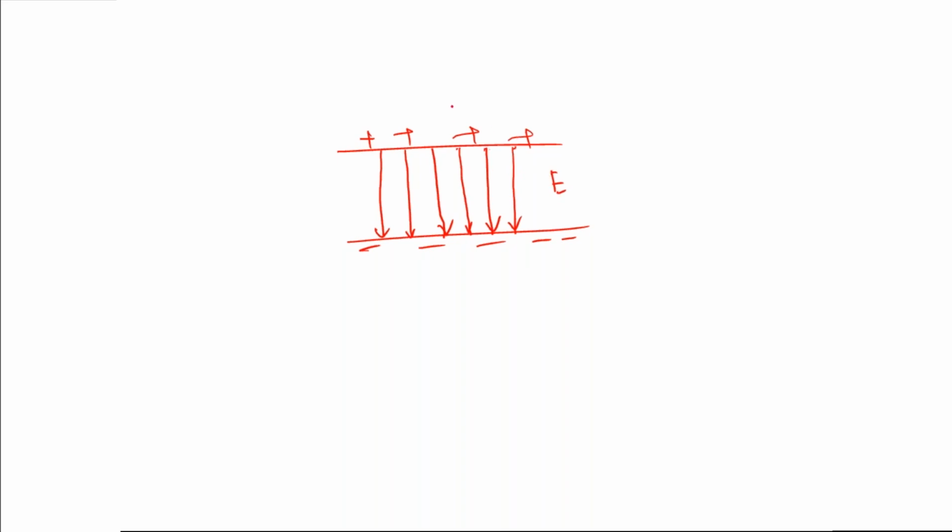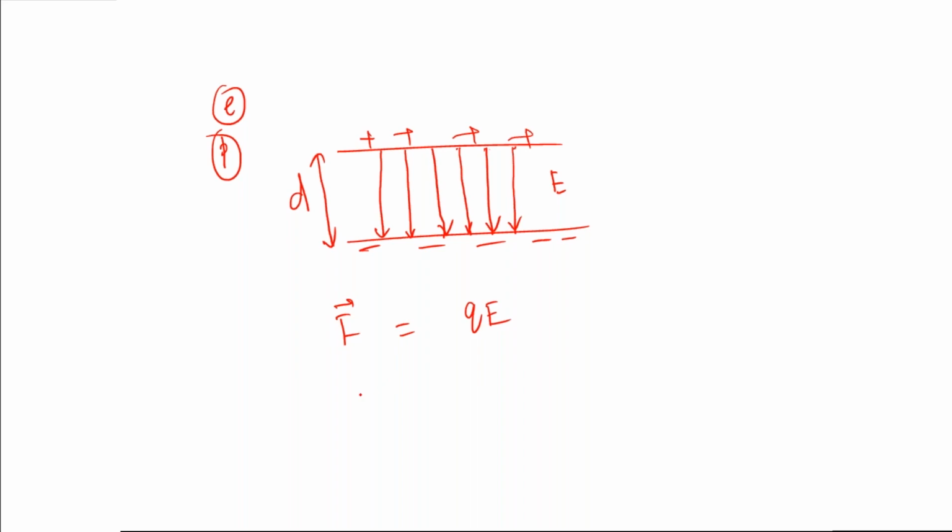Suppose there are two charges, one is an electron, another one is a proton. Suppose the plates have a distance d. The electric field will give a force on a positive charge, QE, along the direction of the electric field.